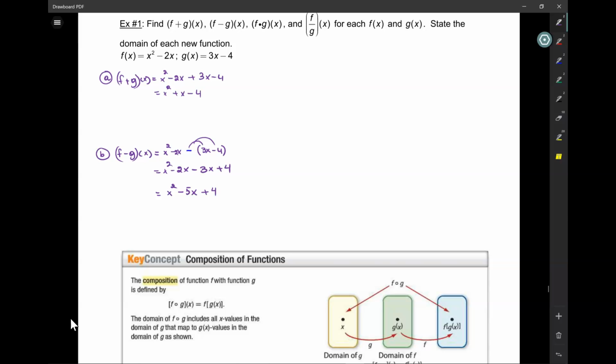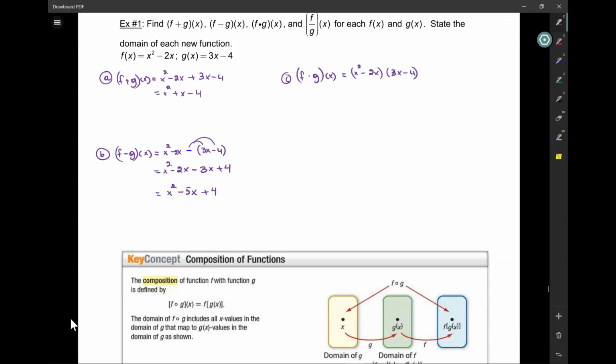Okay. For the other one, we are multiplying the two functions. It's f times g of x. So we're just going to take f times g of x, and we're just going to do x squared minus 2x times 3x minus 4.